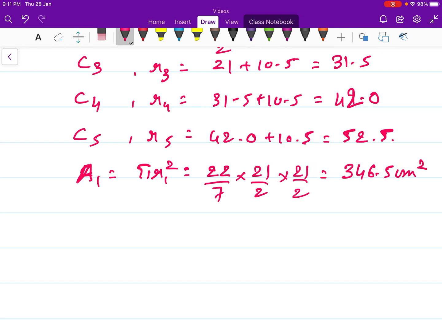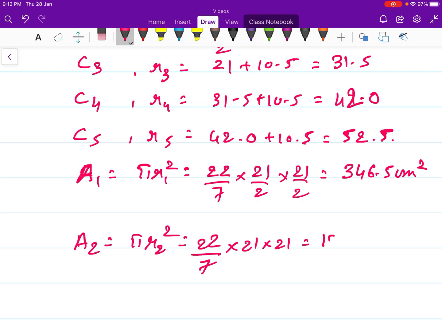Likewise, the area of the second circle is pi r2 square, that is 22 upon 7 into 21 into 21, which is equal to 1386 centimeter square.